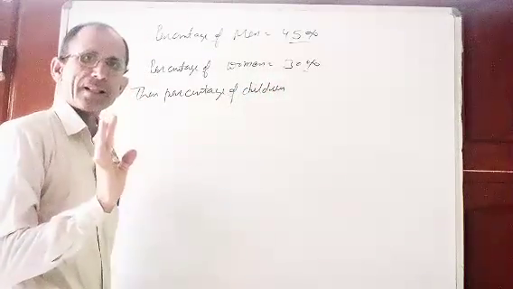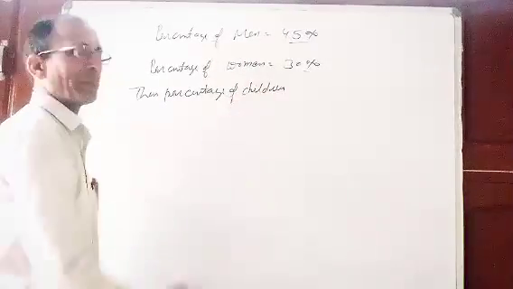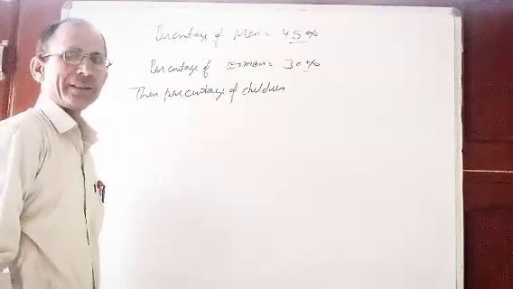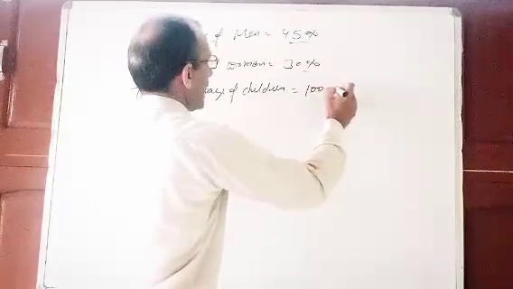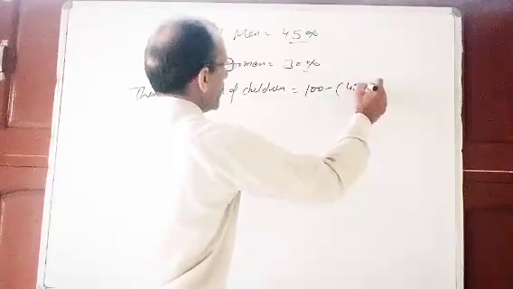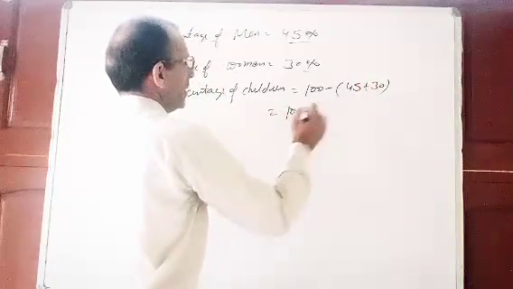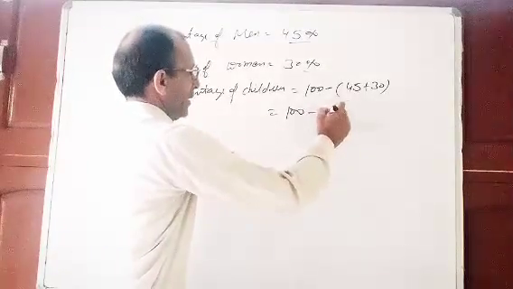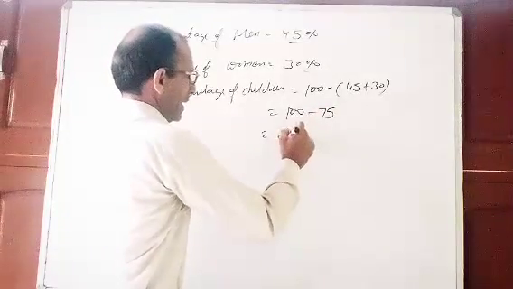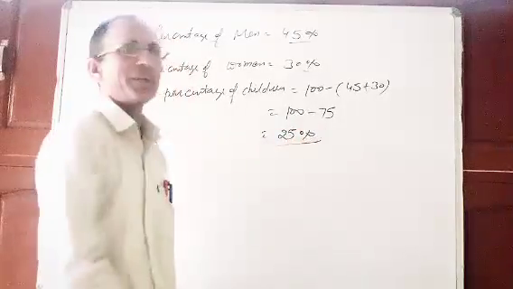Because total is 100, out of 100, 45 are men, 30% are women. Remaining are children. So 100 minus the sum of 45 plus 30, which is 75, then the result is 25. It means the number of children is 25%.